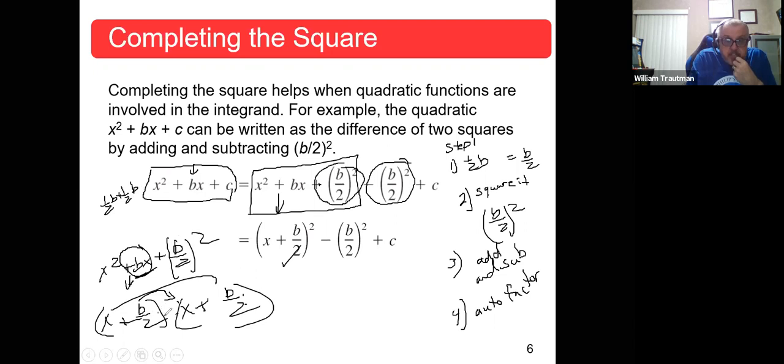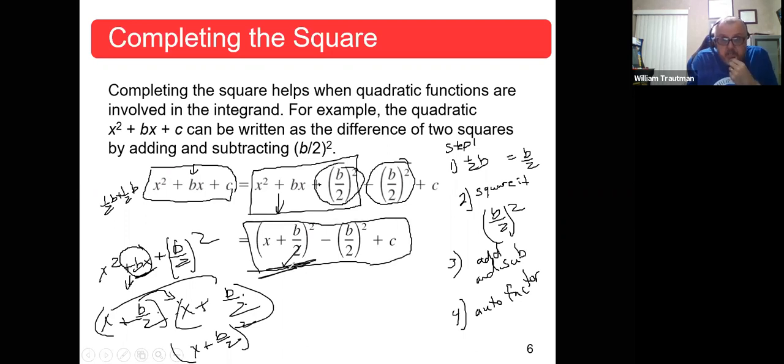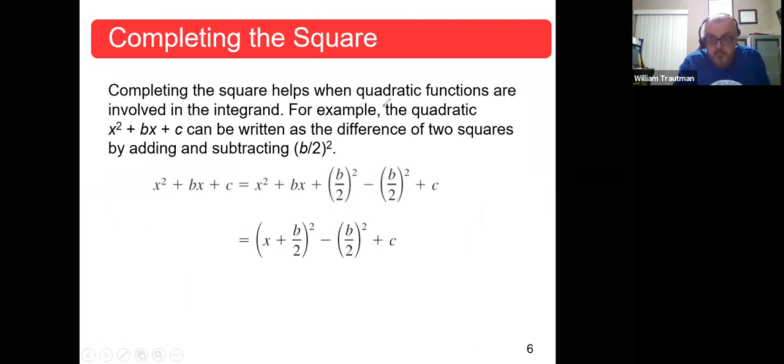So this factors to x plus b over 2, the whole thing squared. So the goal is to get it to look like a completed square. You have the automatic factoring, and then you have the part that you subtracted at the end of it. All right. So that's completing the square. These are the steps. We have to remember how to do that.